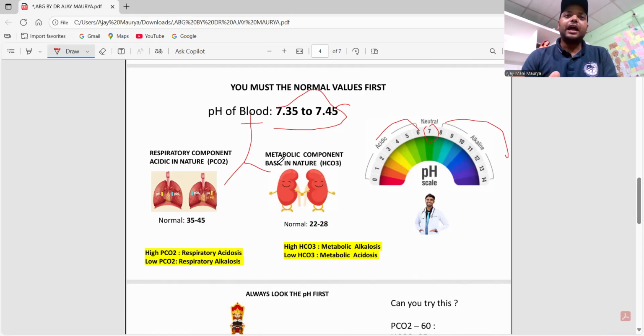So we have the respiratory component and the metabolic component.